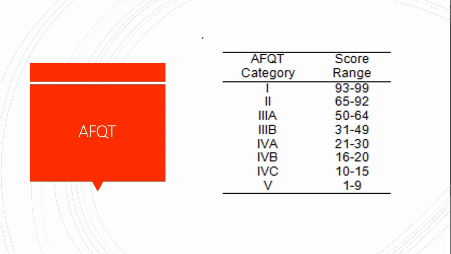More specifically, the score is made up of the 4 composite scores, specifically the word knowledge section, the paragraph comprehension section, the mathematics knowledge section, and the arithmetic reasoning section. Those 4 composite scores are put into a formula, and then you're ranked against how others perform on this test.